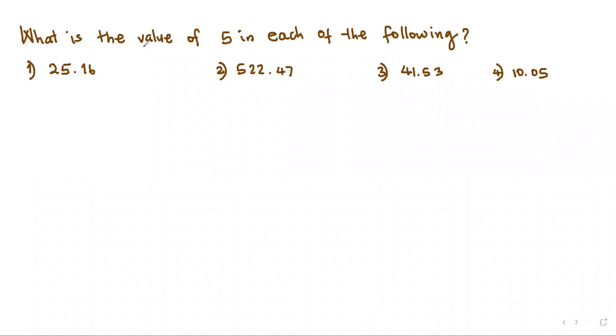We are looking for the value of 5 in each number. You can see that in number 1, we have got 5 here. In number 2, still we have 5 here. In number 3, still we have 5 here. And in number 4, still we have 5 here.